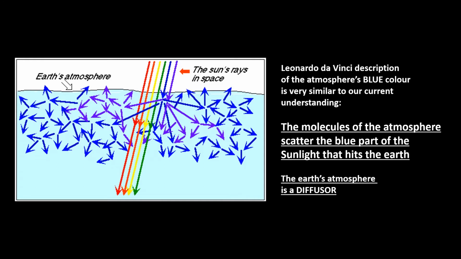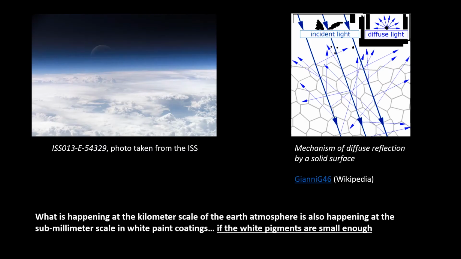And it's interesting because what Da Vinci made is quite a huge jump from the kilometer scale of the atmosphere to the sub-millimeter scale of a paint coating. He said that these two things, completely different in dimensions, are actually the same thing.